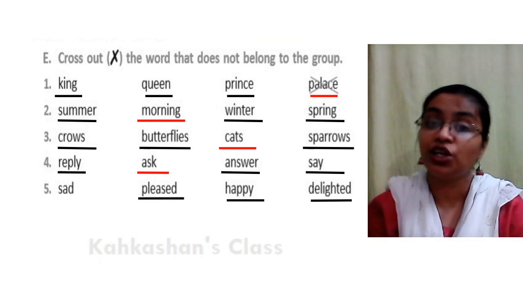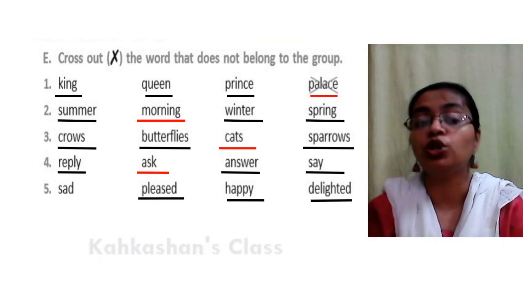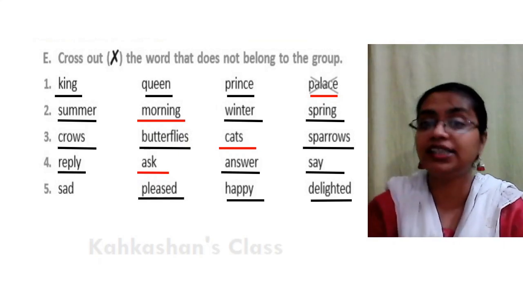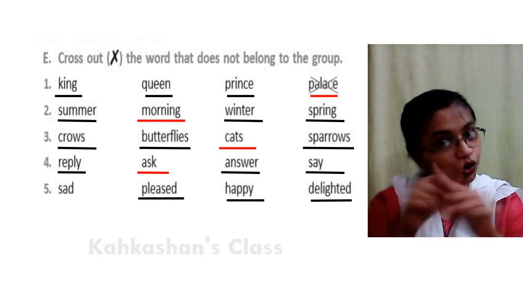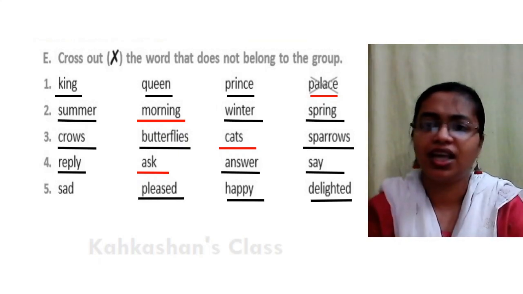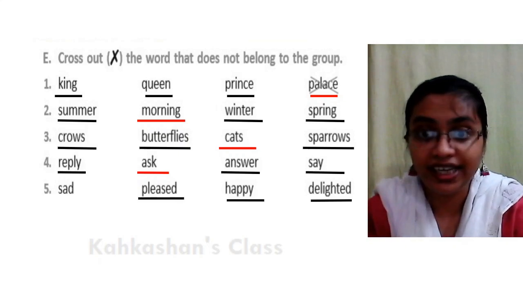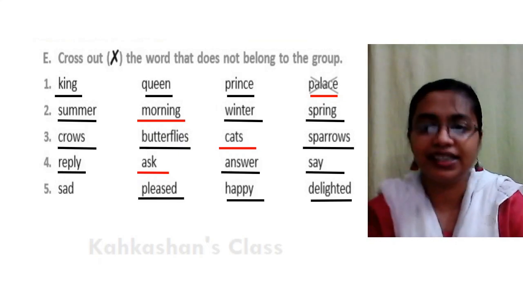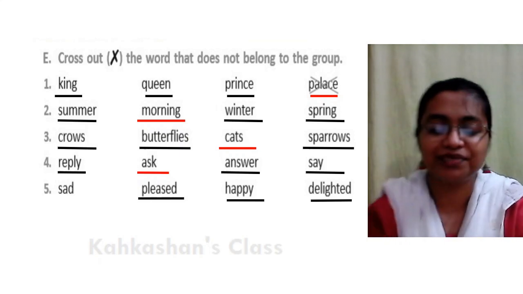But sad is the opposite of happy, the opposite of pleased, and the opposite of delighted. So you have to cross it out. Very easy, wasn't it? And too much fun also. Let's see what's next.